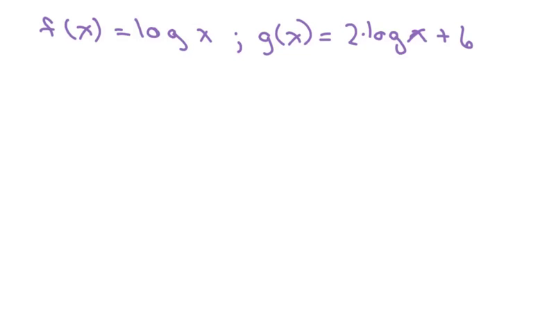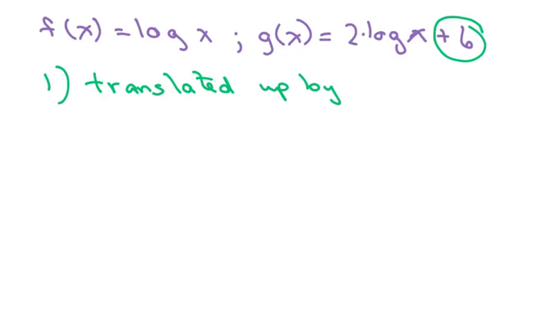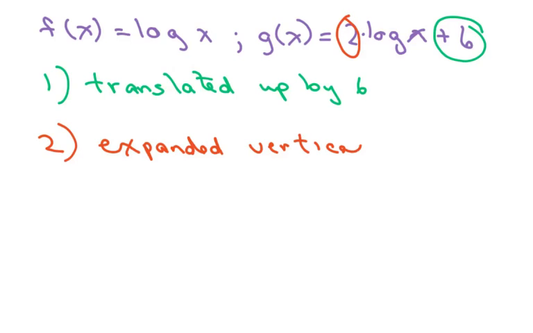So basically, this, the green, is translated up by 6. And this part here is expanded vertically by a factor of 2.